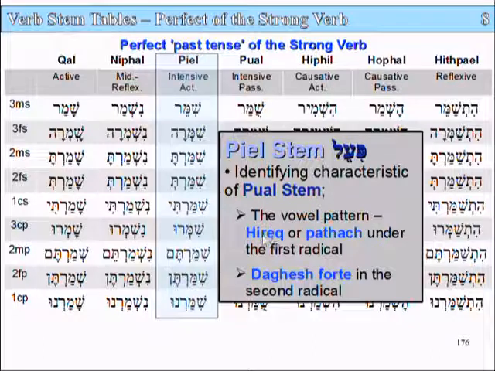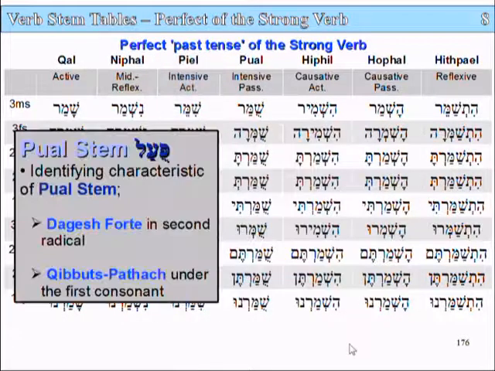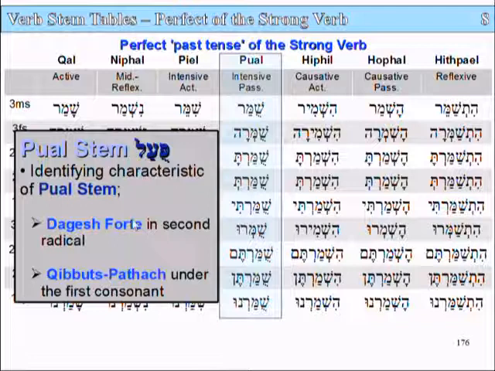The vowel pattern chirik or patach under the first radical, in this case a chirik, and a dagesh forte in the second radical. So in this mem here we have the dagesh, making it a hard or double sound. So that's the Piel.